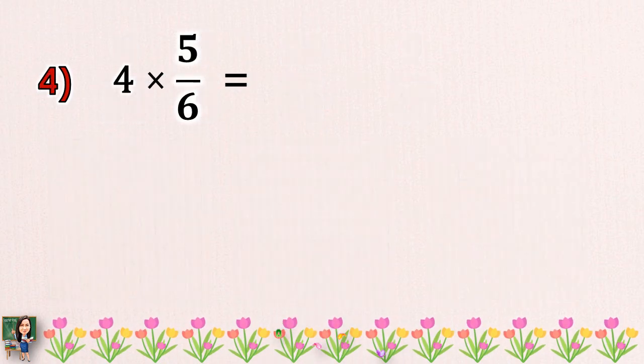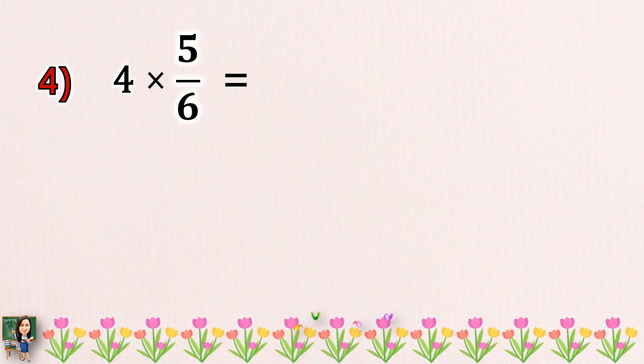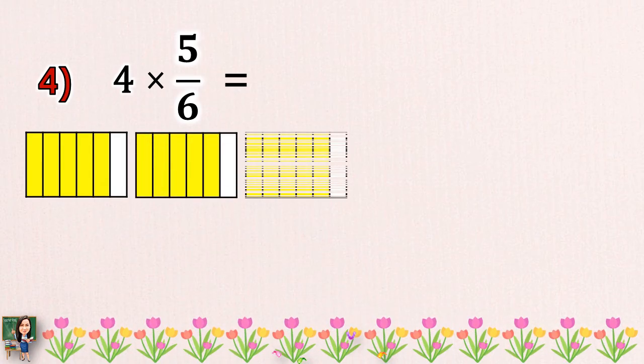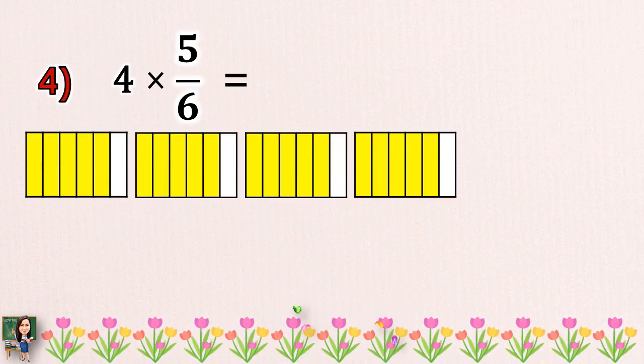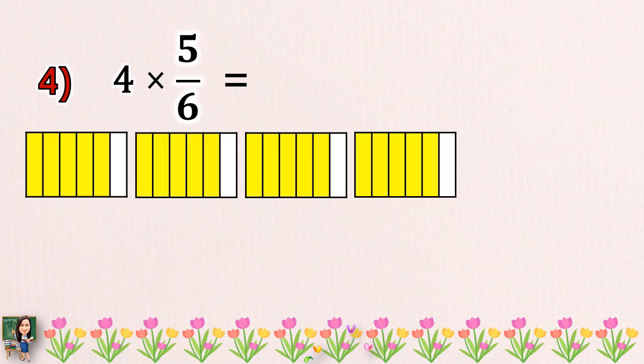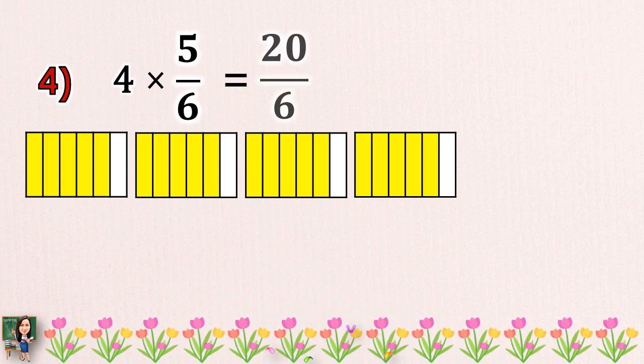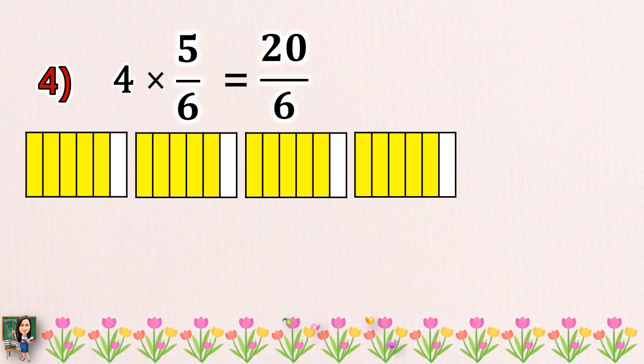Number 4. 4 times 5/6. When using a model for this fraction, draw 4 rectangles, representing 4, and each rectangle is divided into 6 with 5 shaded parts. 4 times 5 equals 20 over 6. This fraction is an improper fraction.